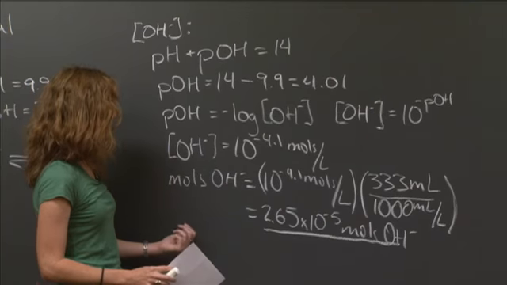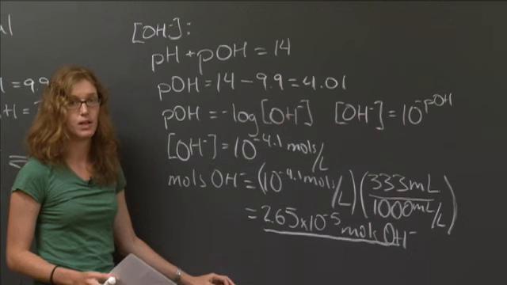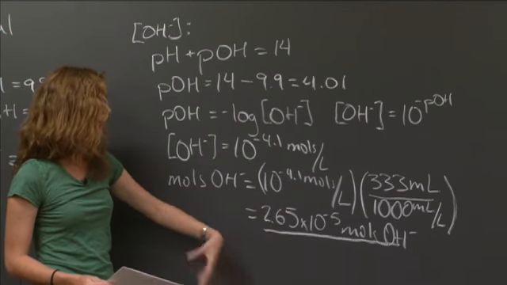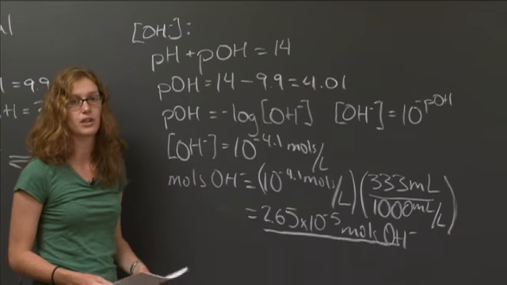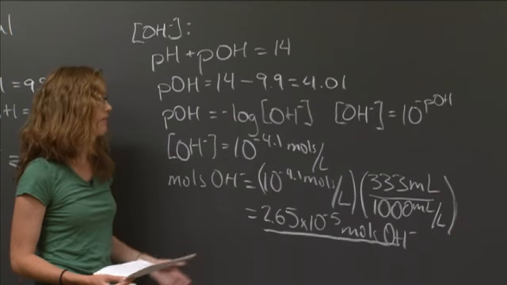Now that we have the number of moles of OH minus, we need to find the number of moles of H plus necessary to react with this excess hydroxide, and then we will be able to find the concentration of hydrogen, or protons, in that second solution.